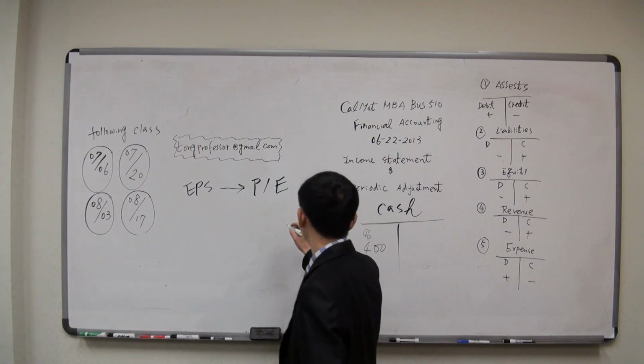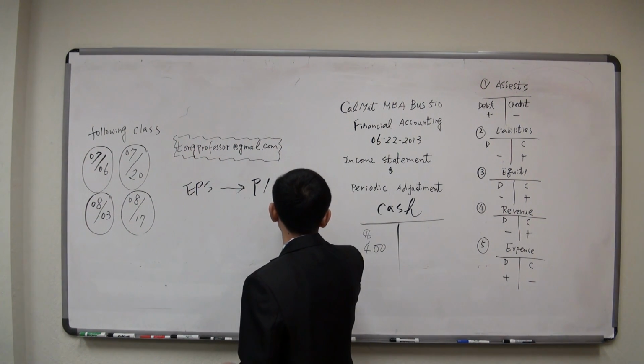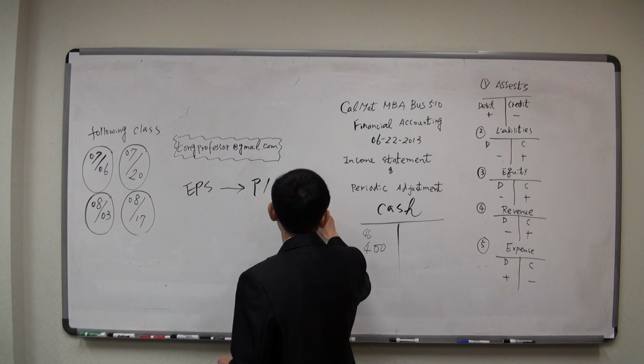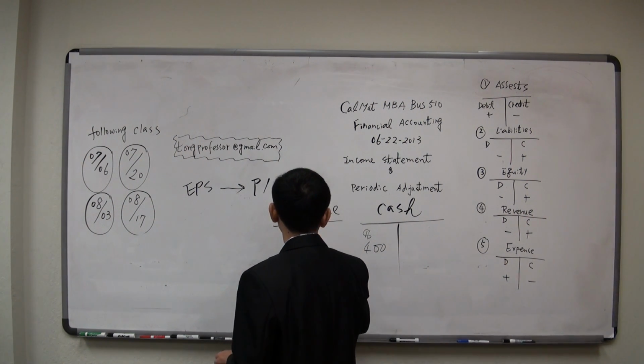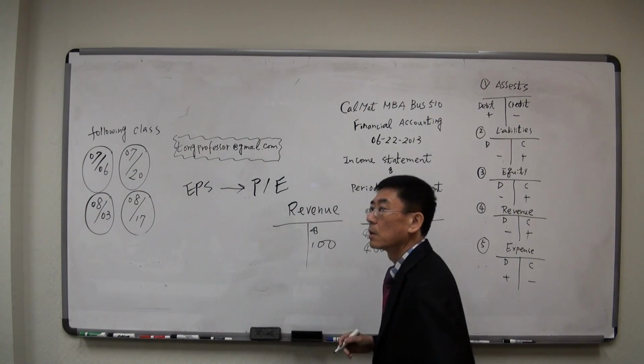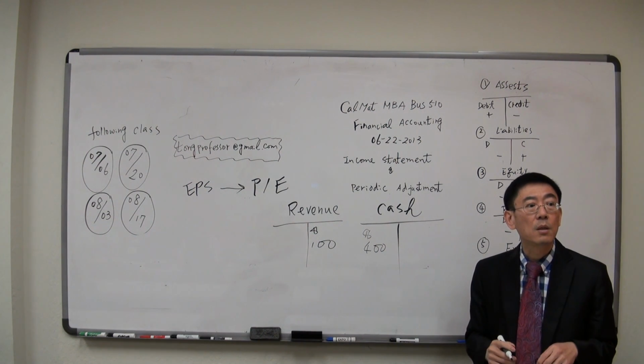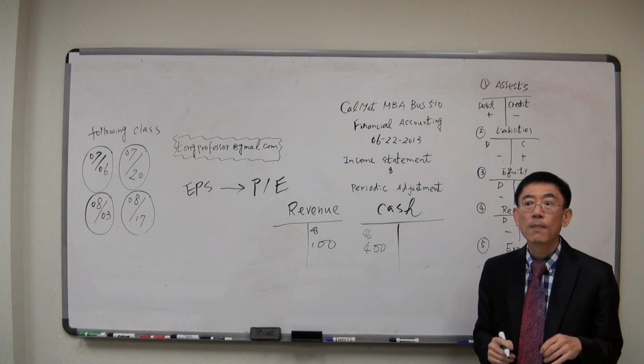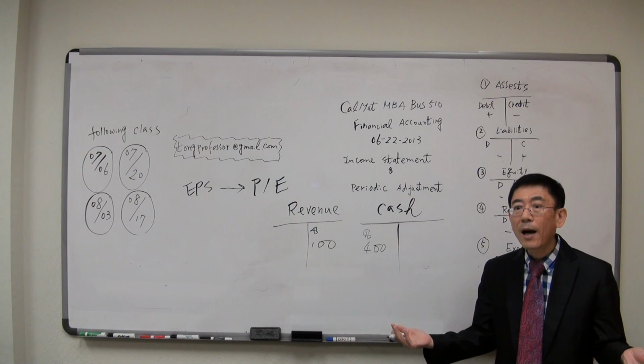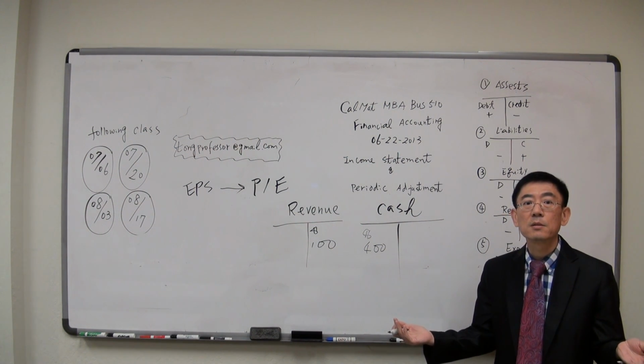How about revenue? How much do you want to put in the revenue? I told you, only 100 is the revenue for this period. So we can only put 100 here for this period. What happened to the balance?